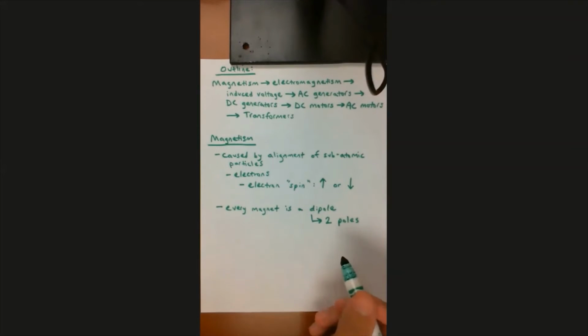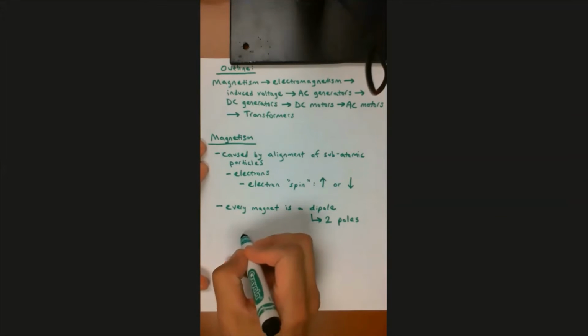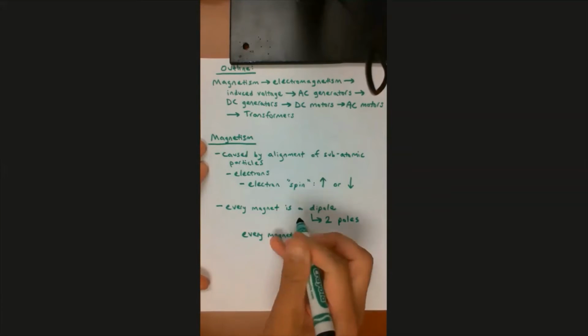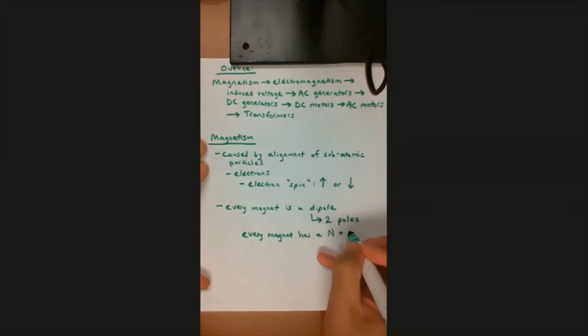So every magnet in the practical world, now I'm not saying that you can't possibly make a monopole magnet in the laboratory, but every magnet in the real world is going to have 2 poles. So that means that every magnet has a north pole and a south pole.